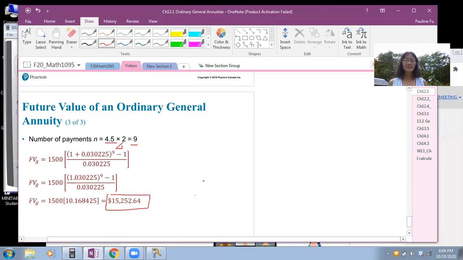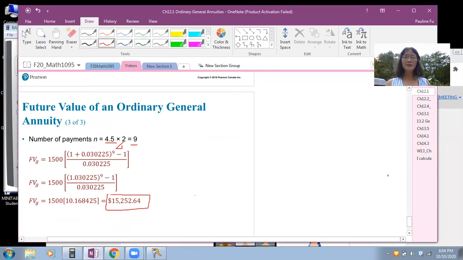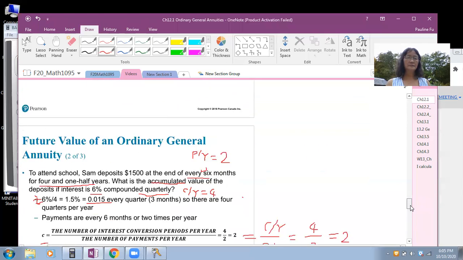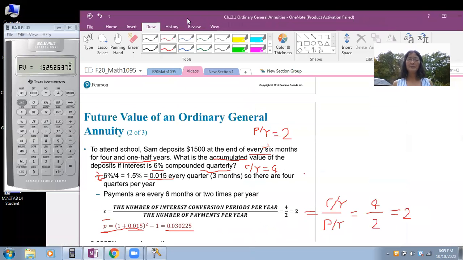Use formula. Now I will introduce method 2: the Texas Instruments BA II calculator. This is my calculator, and I'm going to pull out the original question. First, set up the calculator.